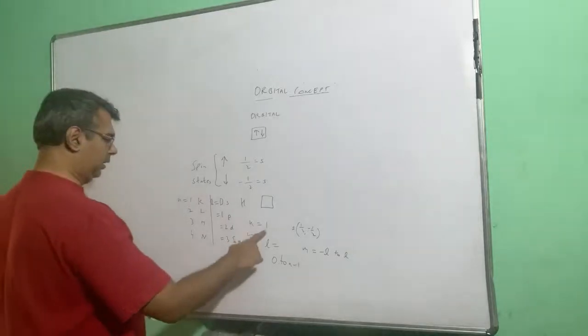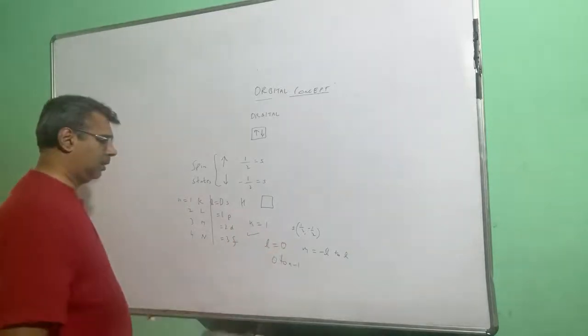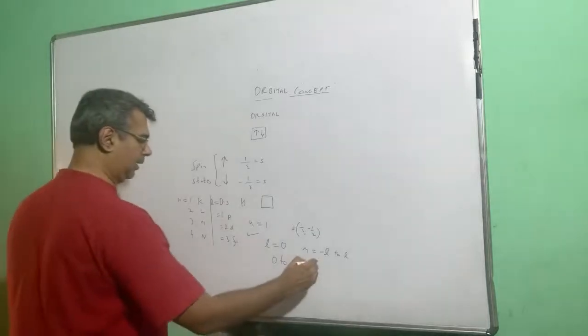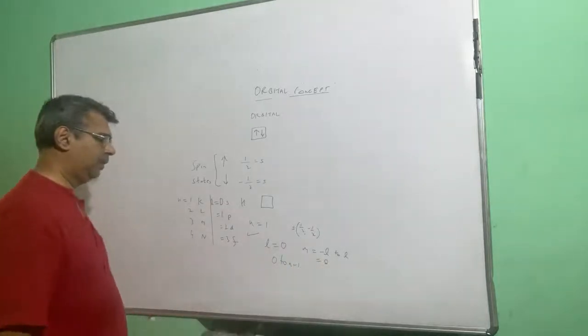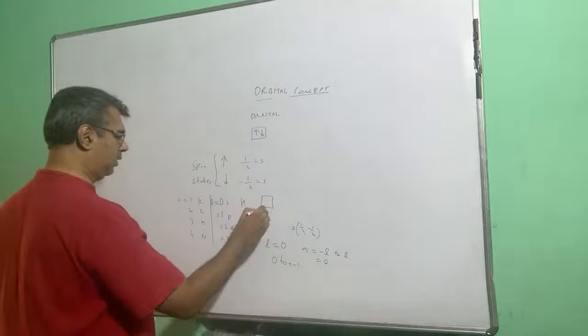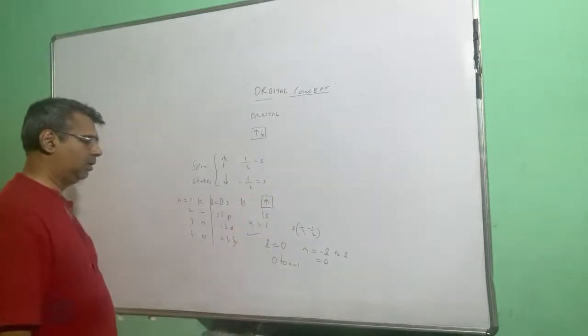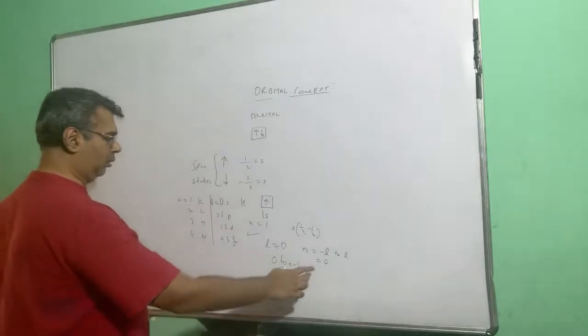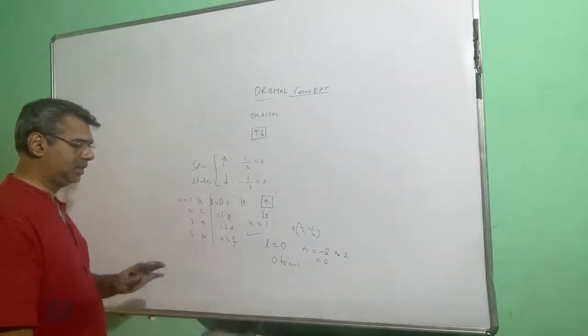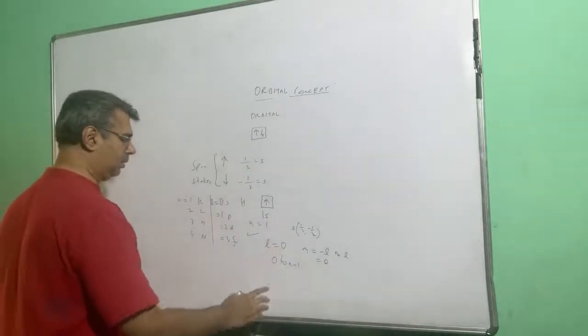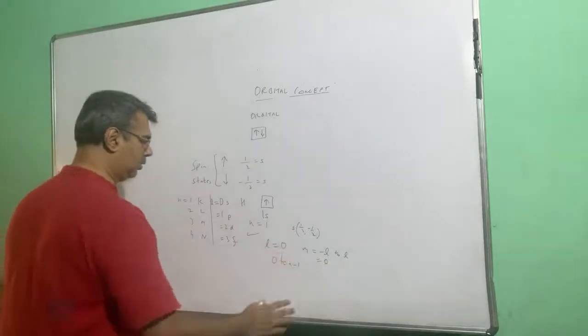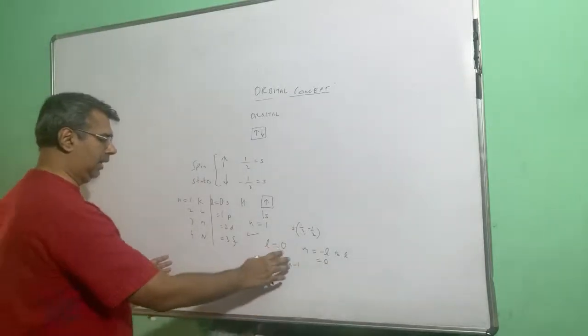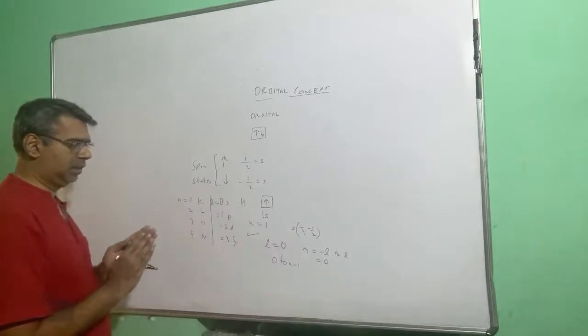Now if the shell number is 1, the azimuthal quantum number can only be 0 and the magnetic quantum number can only be 0. So hydrogen has only one electron, the shell is 1, and the azimuthal quantum number is s. When both l and m are 0, we say that l and m are synonymous with each other.